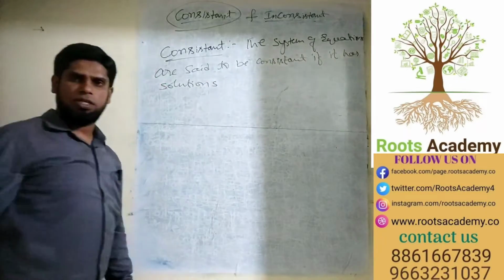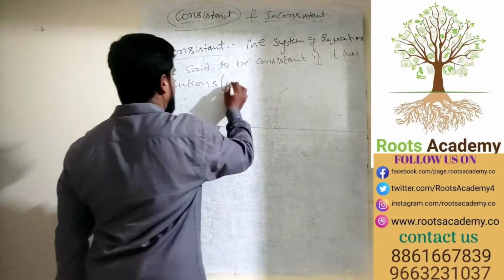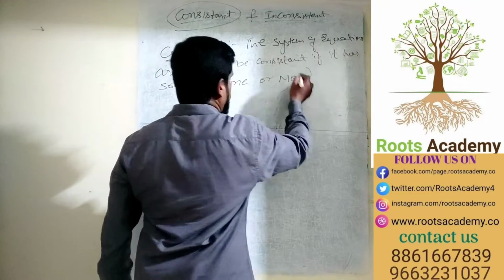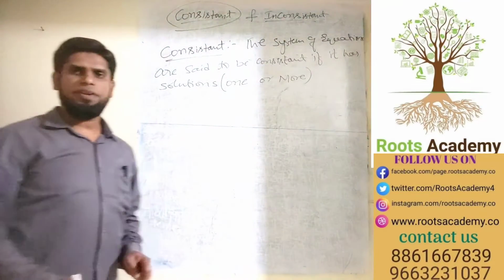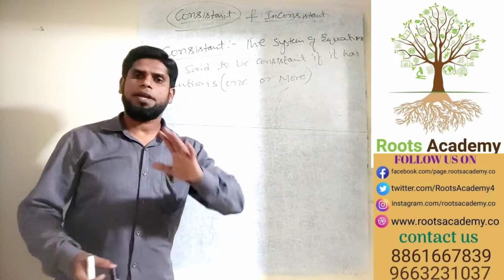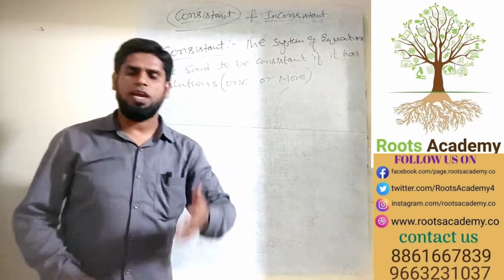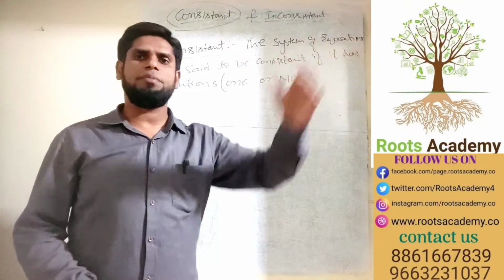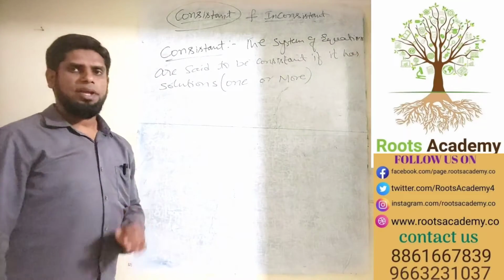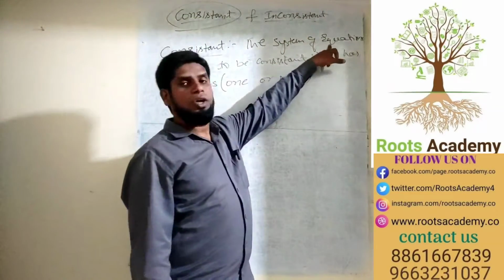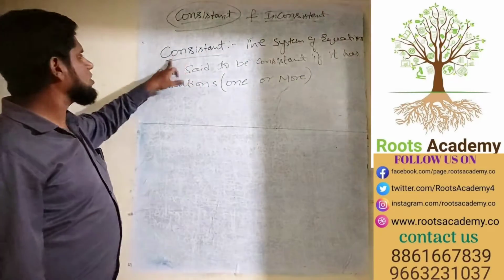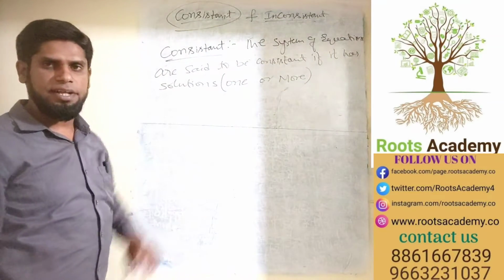If it has solutions, in brackets I will write one or more. At least we need one solution, or it has more solutions also. It can be 2 solutions, 3 solutions, or it can be an infinite number of solutions. But if any system of equations is giving solutions, then those particular equations are called consistent.